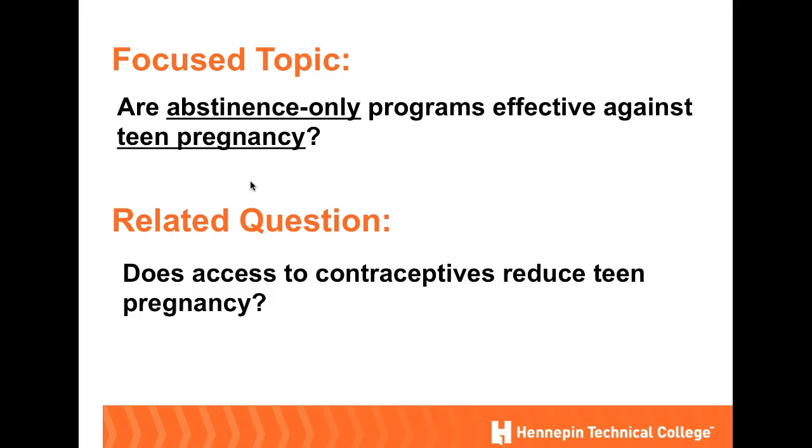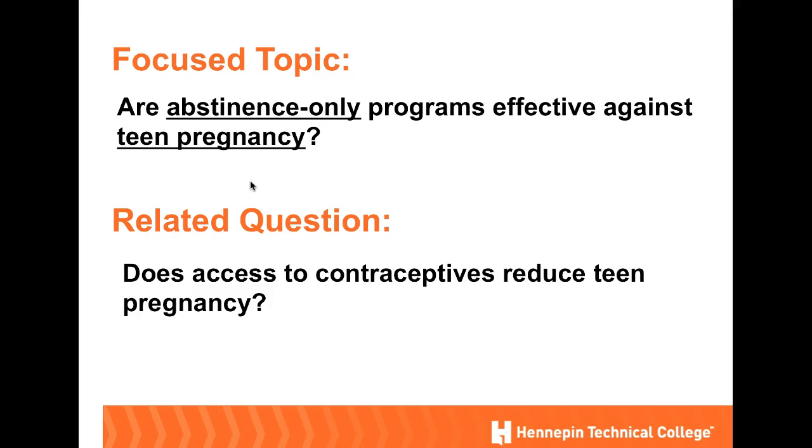And looking at the related question below, does access to contraceptives reduce teen pregnancy? I would ask you, are there words or phrases in there that are absolutely essential to finding information for that question versus words that are extra, unnecessary. So for example, any prepositions like the word to would be unnecessary.